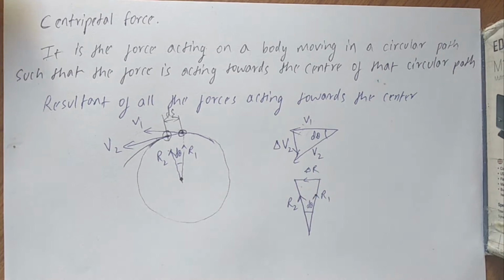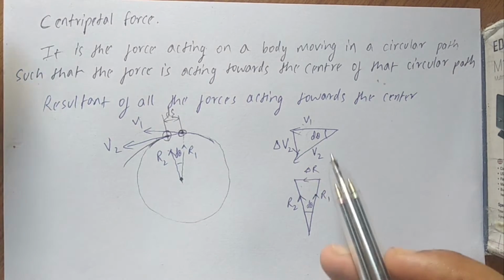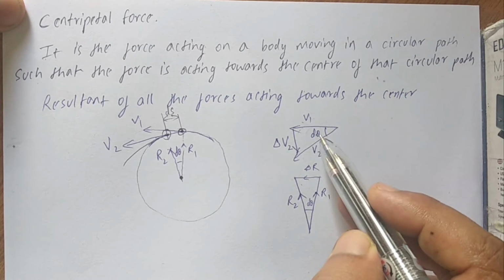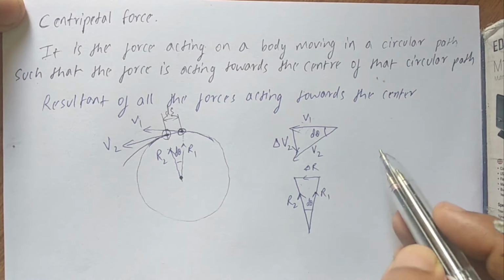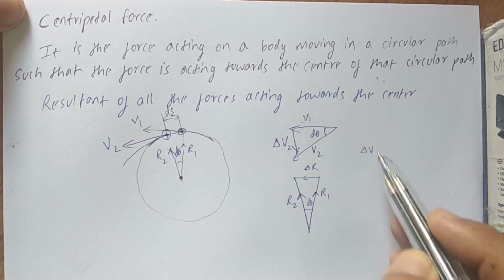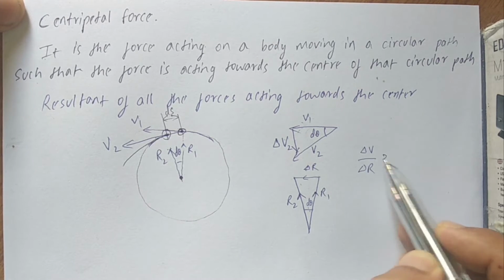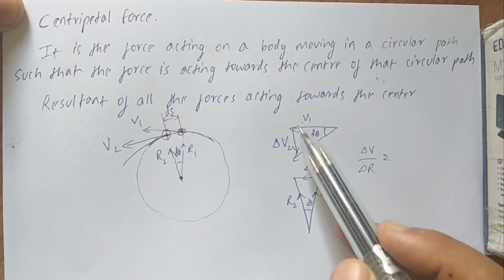So two conditions to satisfy the similarity of a triangle have been fulfilled. So we can use the concept of similarity of triangles in this situation. So if you see, the sides are proportional. Opposite to this side is change in V, and opposite to this side is change in R.